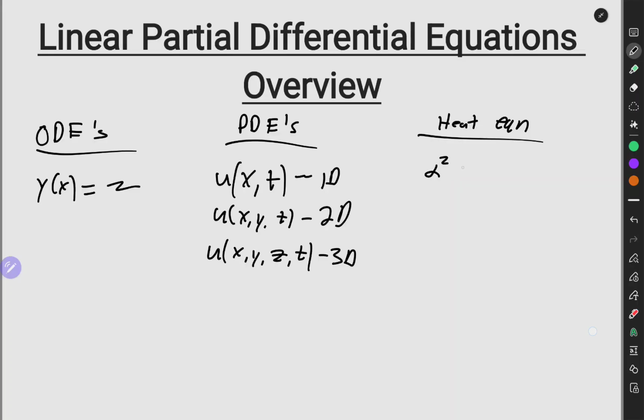So that's alpha squared times the second partial derivative of u with respect to x is equal to the partial derivative of u with respect to time. So this is the heat equation, and the heat equation governs the heat diffusion throughout an object.